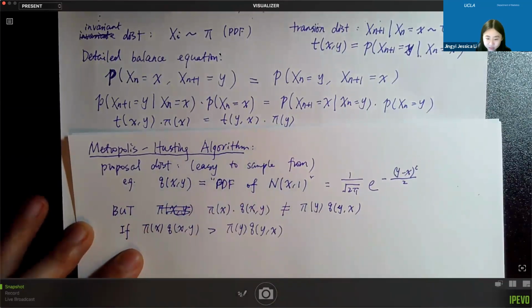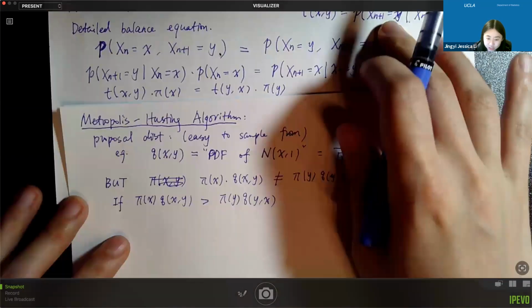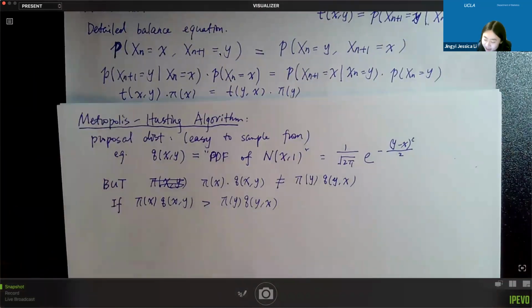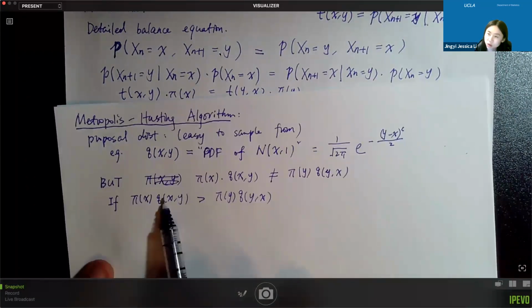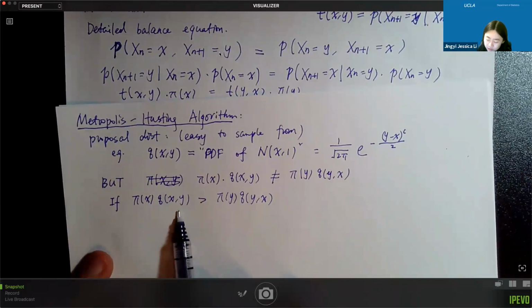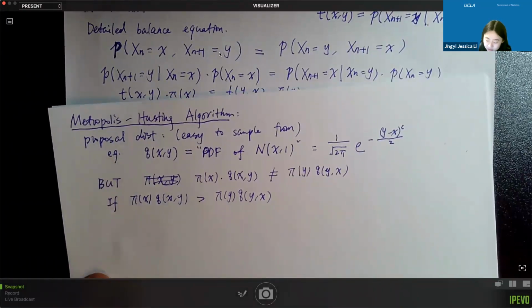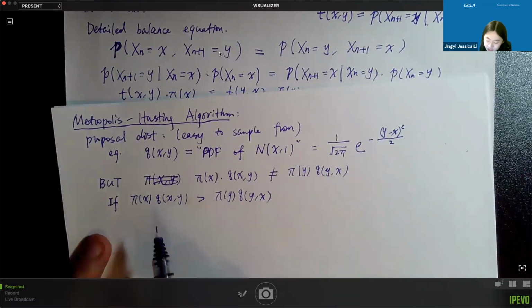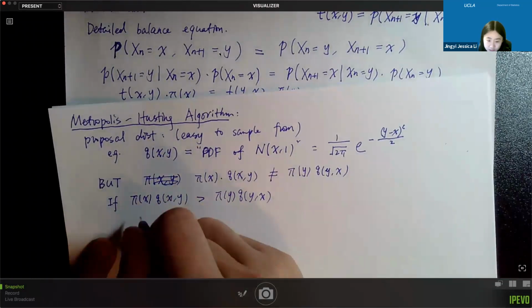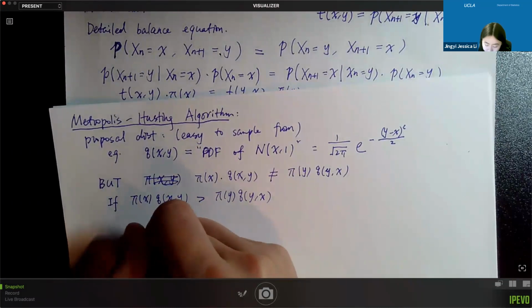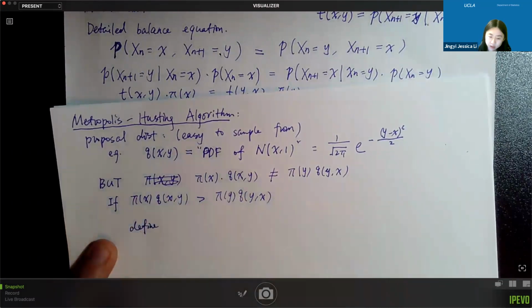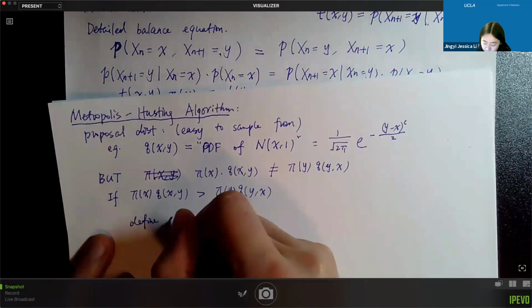The simple thing to think is that I just need to multiply a factor less than 1 to the left-hand side so that I can create an equation. Okay, so how do you do that? The most obvious thing is that you can define what we call a fudge factor.